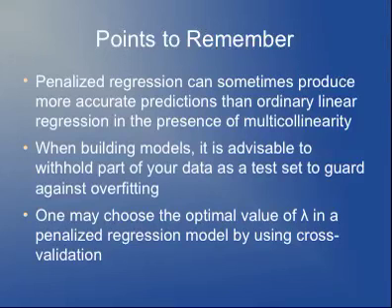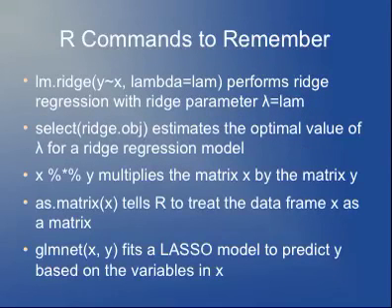And if you want to choose lambda for your penalized regression models, you can use cross-validation. And our commands for today: lm.ridge, select, and then matrix multiplication, glmnet. The details are on the previous slides, and we're out of time, so I won't belabor the point.